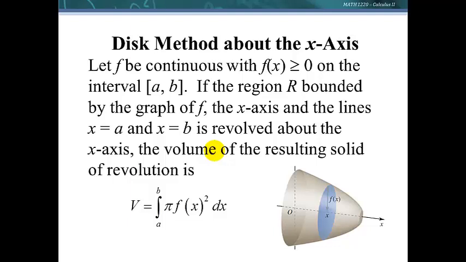And so the volume of the resulting solid is going to be summing up all of these disks. The limit as n goes to infinity, so we have this definite integral from a to b of pi f of x squared, that's just these circular areas multiplied by their thickness, dx.